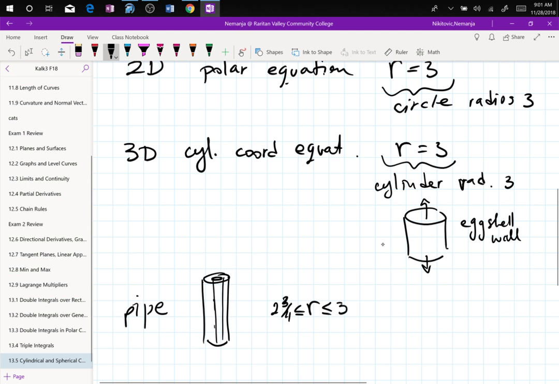It's an infinitely thin wall. Yes, thank you. In order for it to be completely filled in, we would have to have less than or equal to 3, like that. To make a pipe, we define the outer radius and the inner radius, and then the material is right in between.